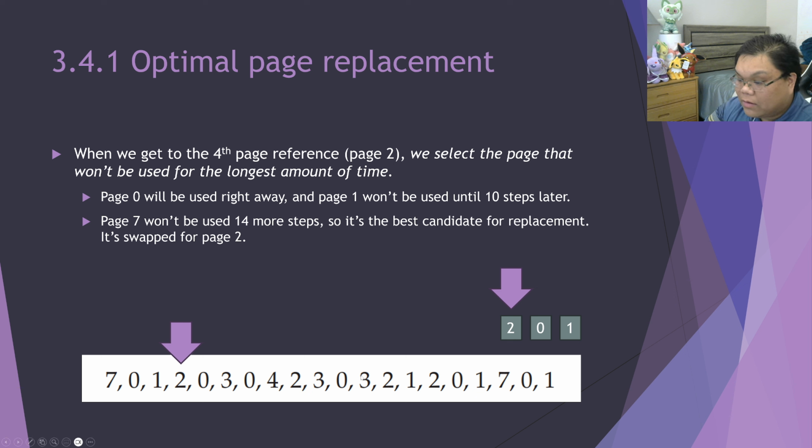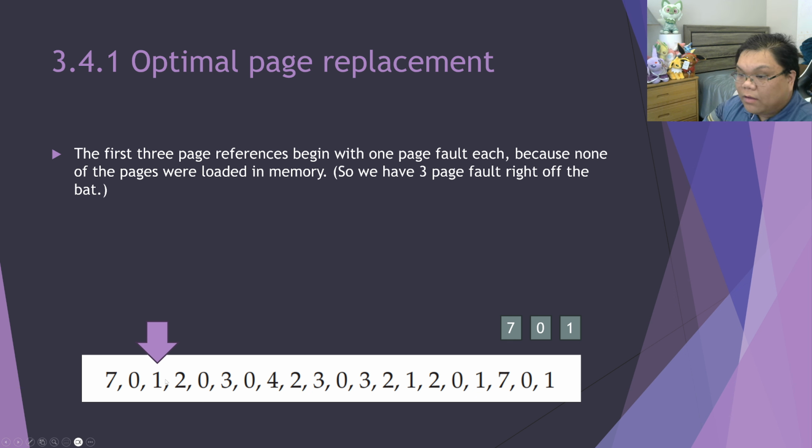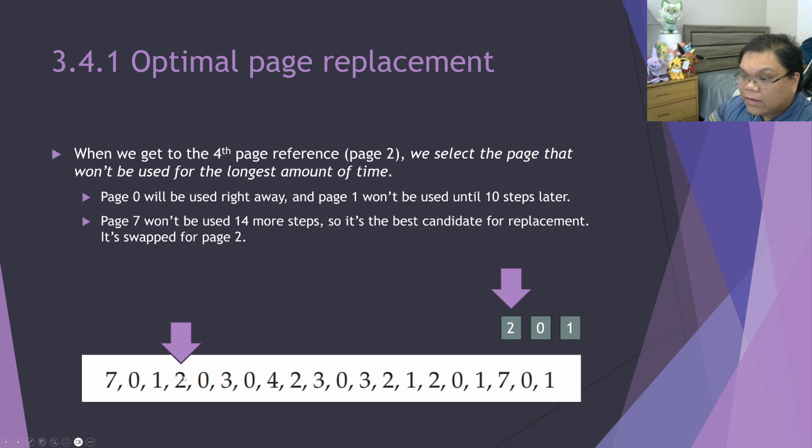With pages 7, 0, and 1 already loaded, do we need page 7 again? 1, 2, 3, 4, 5, yes we do, but it won't be used for like 14 more steps. Do we need page 0 again? Yes, it will be needed right after we need page 2. And will we need page 1 again?